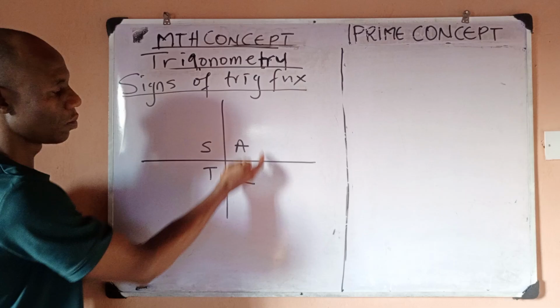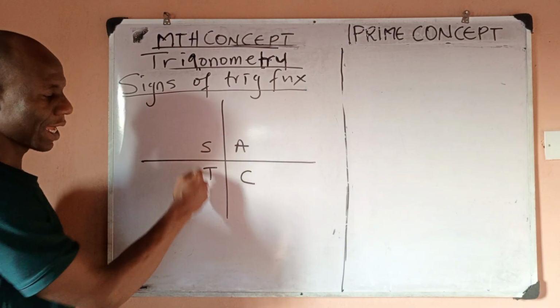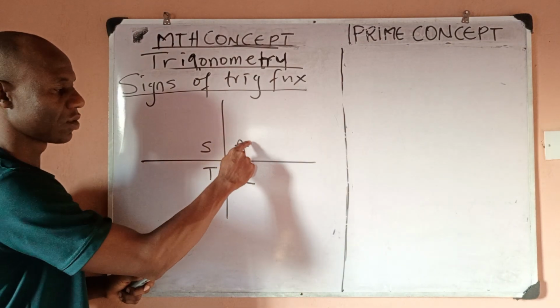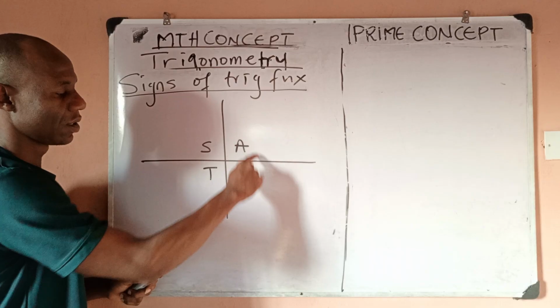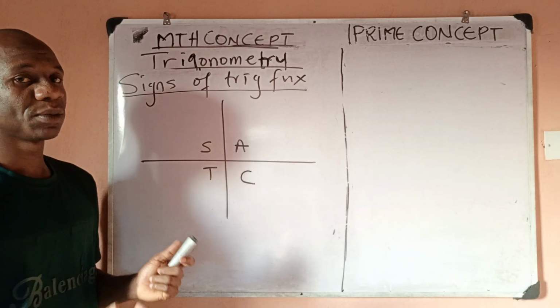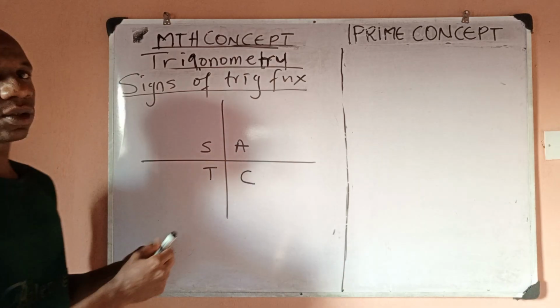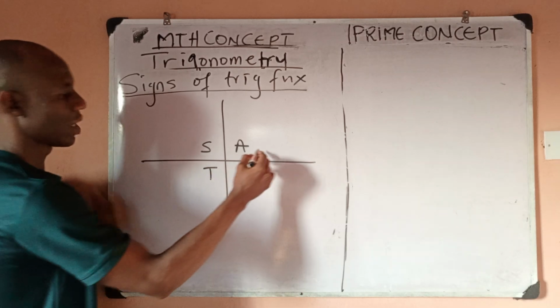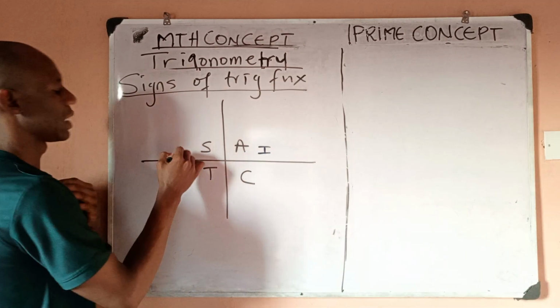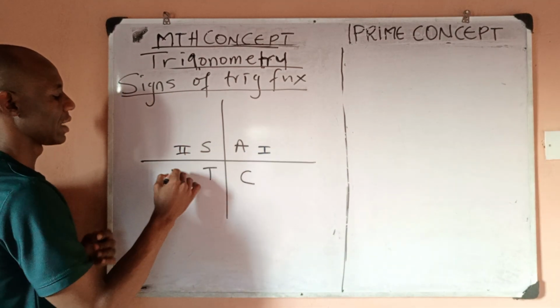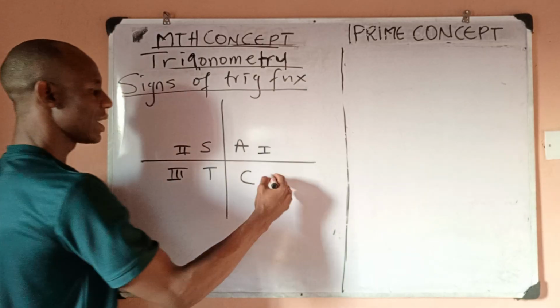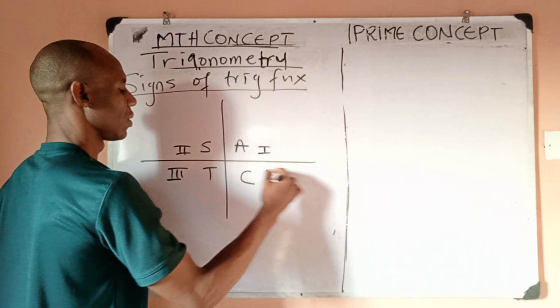If you pronounce upwards from C, you call it CAST. But if you pronounce downwards from A, you call it ACTS. Any one you can remember. Of course, you know that for a circle, this is our first quadrant, this is our second quadrant, this is our third quadrant, and this is our fourth quadrant.